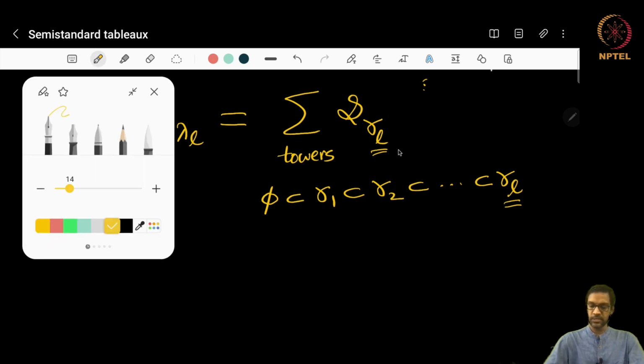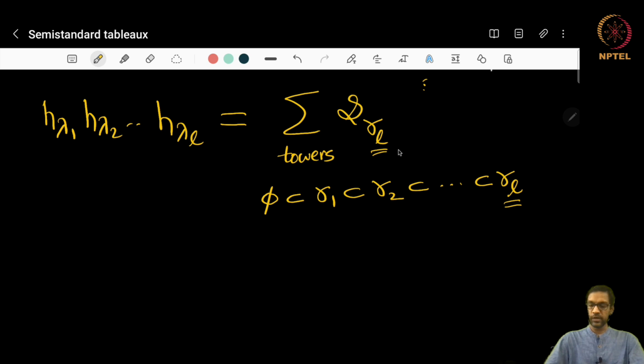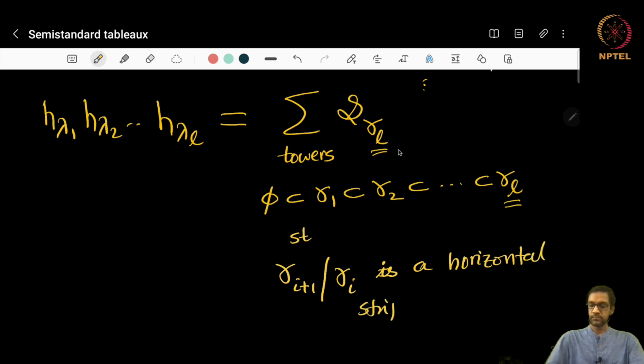But then what are the towers? The towers are formed according to the following rule: if you take any ith step, you look at gamma I plus 1 minus gamma I. How do you get gamma I plus 1 from gamma I? So I should say this is a horizontal strip of size lambda I. The first guy I call gamma 0.